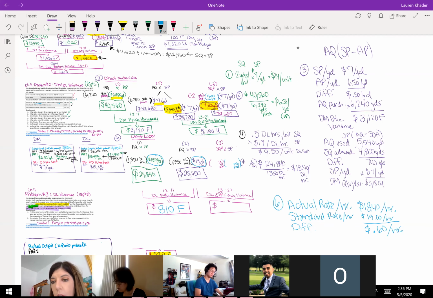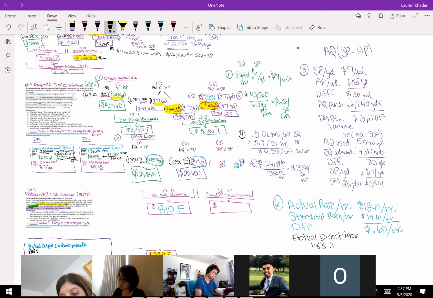And then we're multiplying that times what we're holding constant, the actual quantity, or the actual hours used. And that was 1,350 direct labor hours.